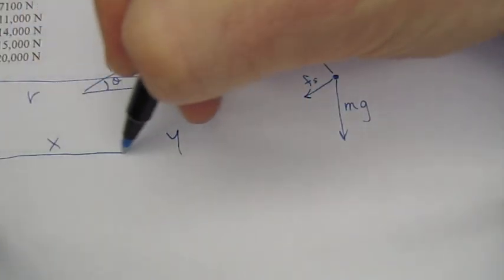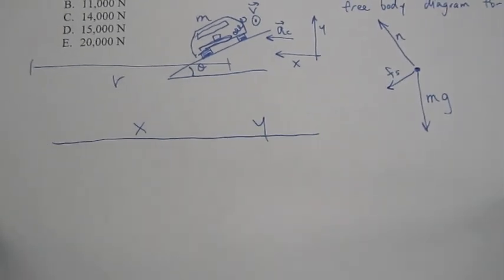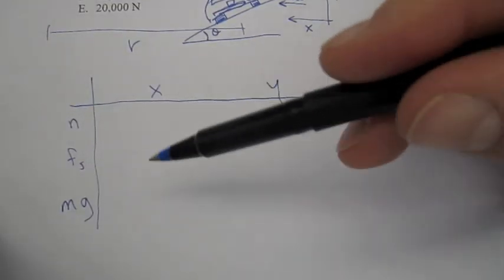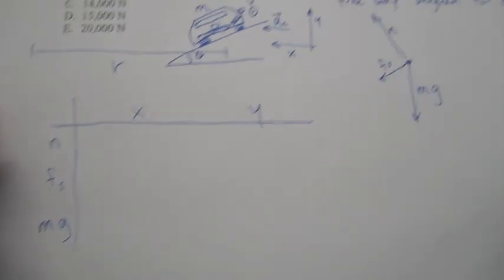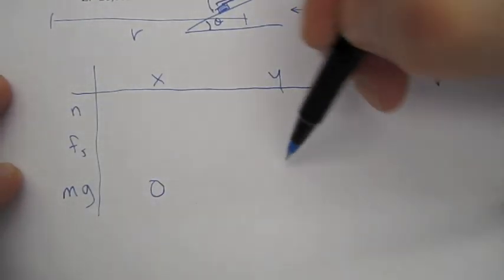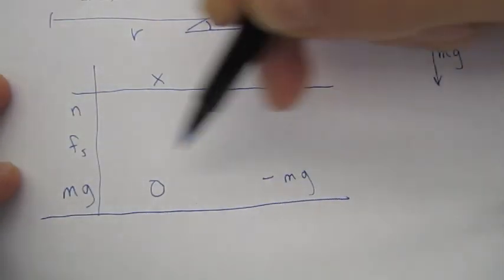So that's the axes, and now all I have to do is draw my little table of x and y components of all the forces that are on that free body diagram. The forces in the free body diagram are the normal force, the static friction force, neither of which we know, and the gravity force, which is mg. mg is just going to be straight down, so I'm going to call that negative mg, so that'll be an easy one.